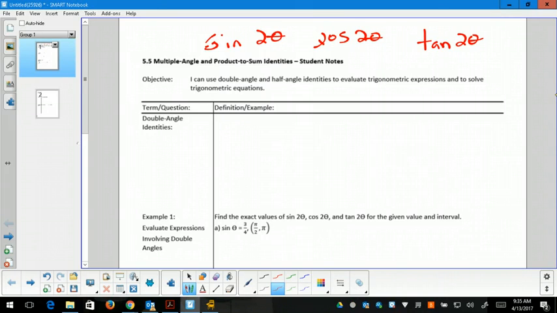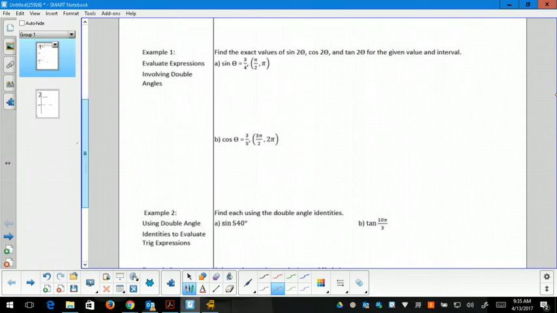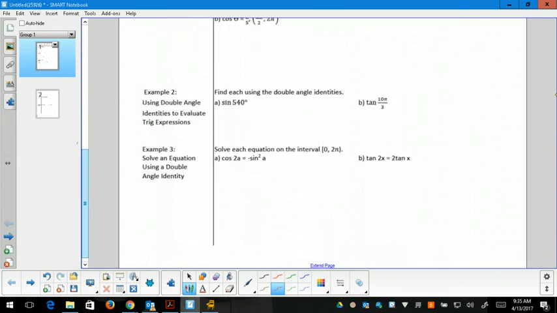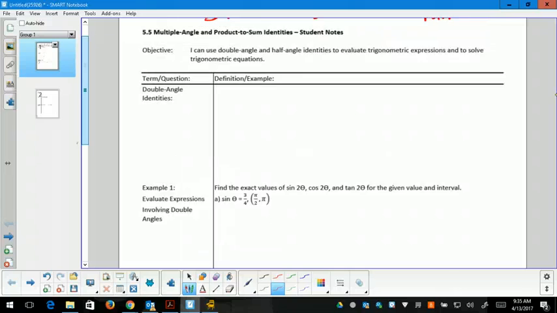Instead of solving for it as though it's an angle itself and then dividing by 2, we actually have formulas that we can use, and it can sometimes be much more efficient. We also saw on Monday that sometimes we have to do it if it says find each using double angle identities. So we need to know the double angle identities.